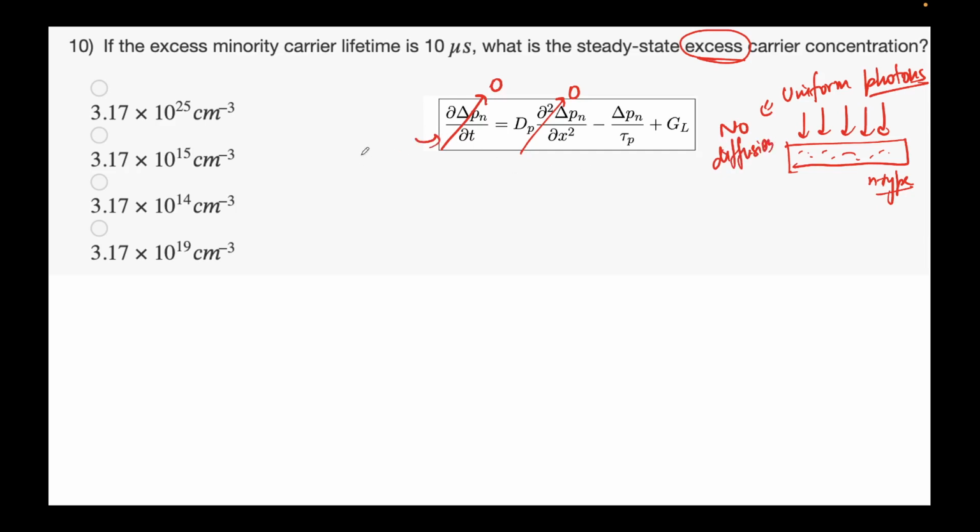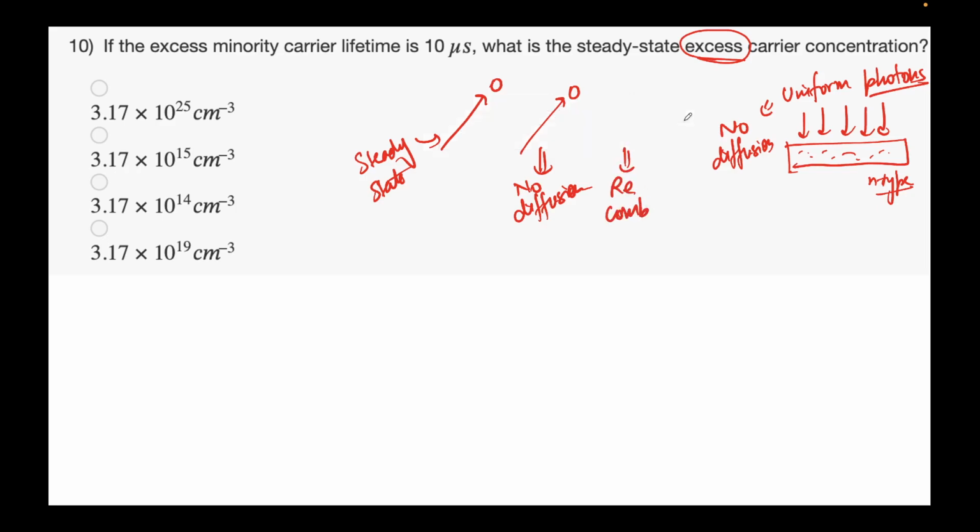This term went to zero due to steady state. This term went to zero due to no diffusion. Now only two terms are left, but we are still generating a large number of electrons and holes here. And if you put electrons and holes in close proximity, there is a probability that they recombine. So this is the recombination term. And this is the generation that we have seen previously. We established its value, 3.17 10 to the power 19.